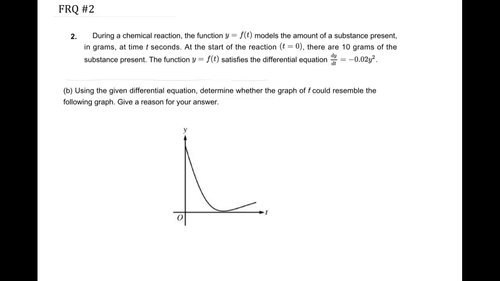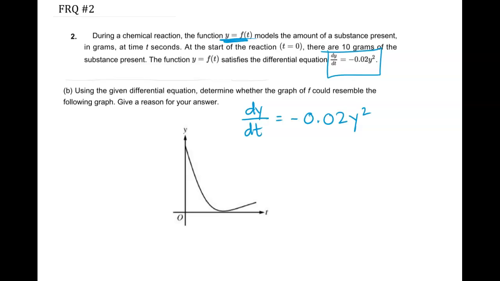Part B, same problem. We want to know whether the graph of f, which is our function we're dealing with for the chemical reaction, could resemble the following graph. Looking at this, I think first it's kind of like, how would I know? But let's look at our derivative. dy/dt equals negative 0.02y squared.